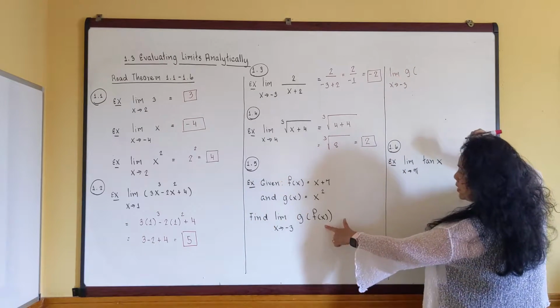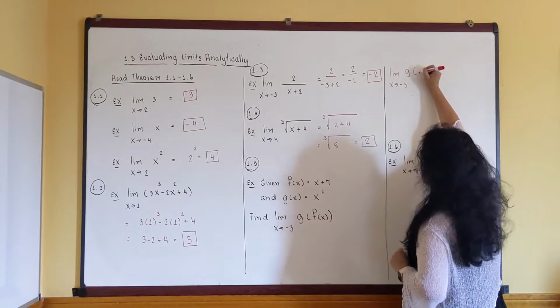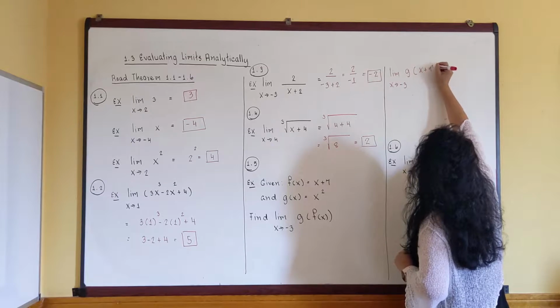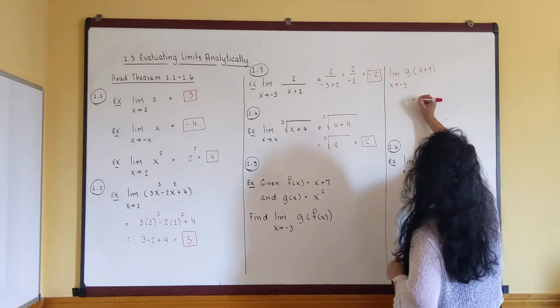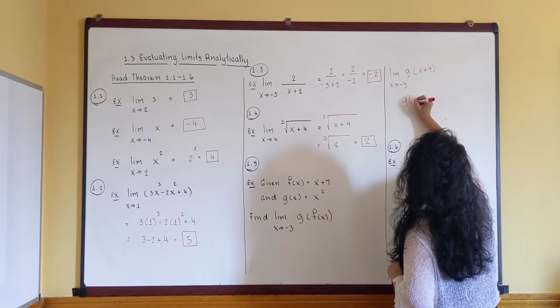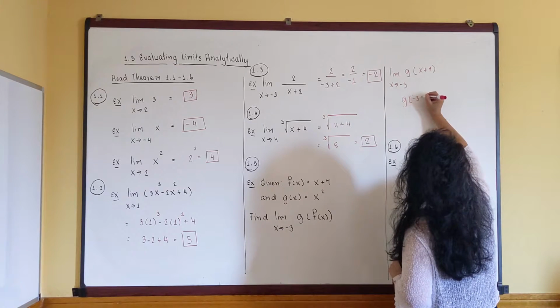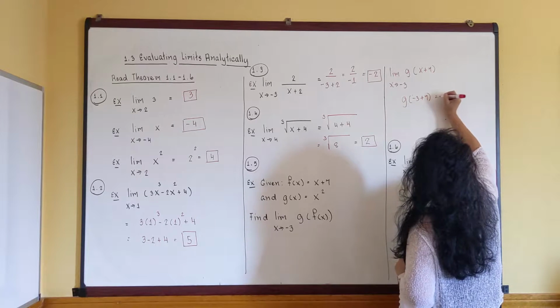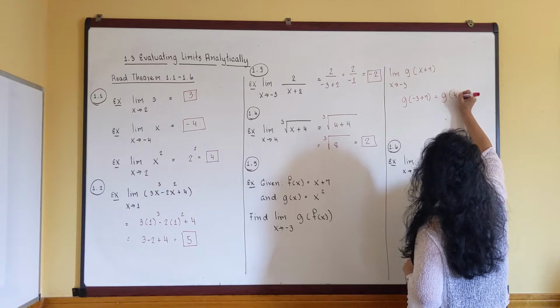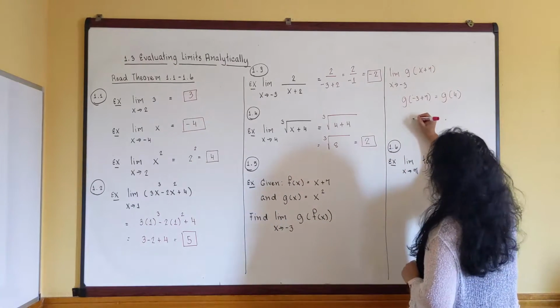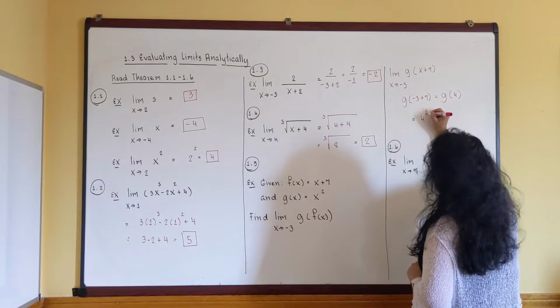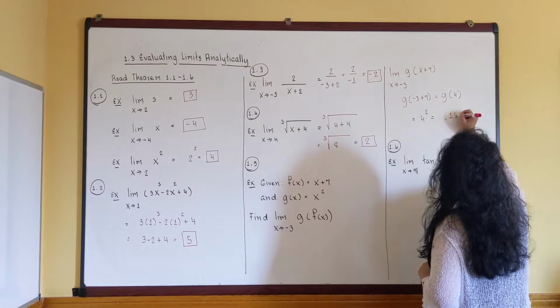Instead of g of x, I'm going to use x plus 7. Now I replace x by -3. Then I will have f of -3 plus 7, which is f of 4. Now you go back, f of 4 is x squared, so I would have 4 squared, which is 16.